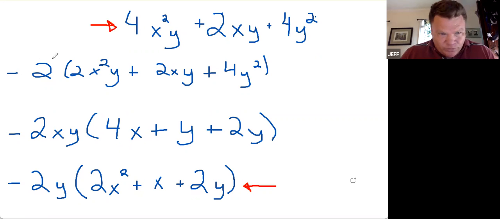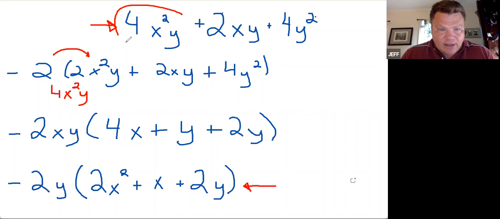As long as we recognize these answers force us to distribute, to jump the fence, we're going to give it a shot. So here we go. I'm going to jump the fence. 2 times 2 is 4. And the rest of this stuff just comes down because there's nothing to multiply with. So 4x to the second power y. That matches that. So it did pretty good.